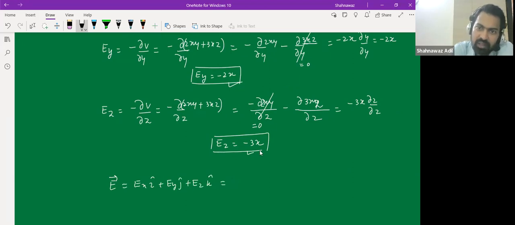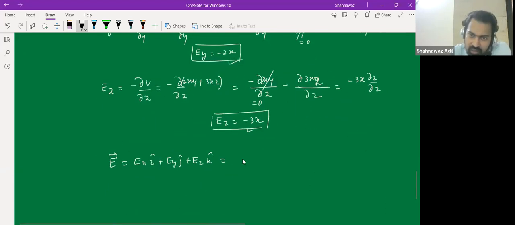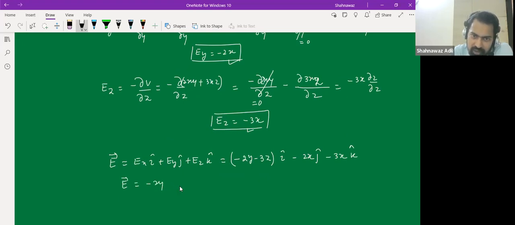So Ex is minus 2y minus 3z i hat, and then minus 2x j hat, and then minus 3x k hat. So this is the electric field: minus 2y minus 3z i, minus 2x j, and minus 3x k.